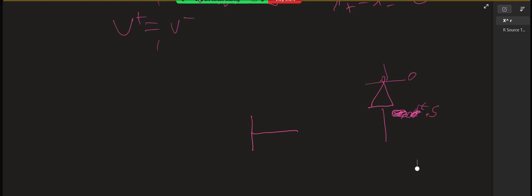So it does not conduct significant current until we get to 0.7. At 0.5, the current is pretty small.